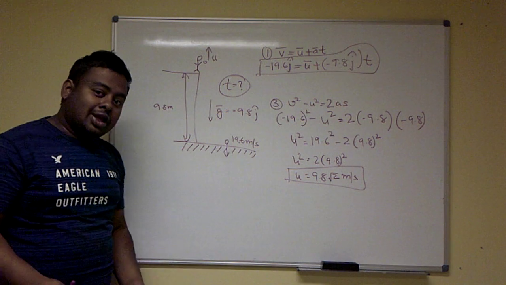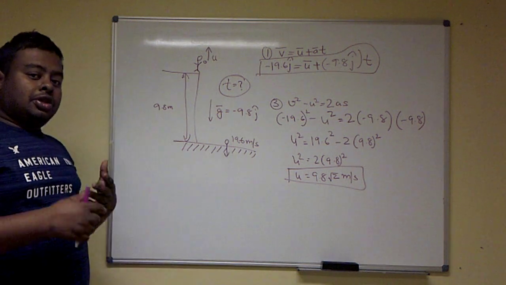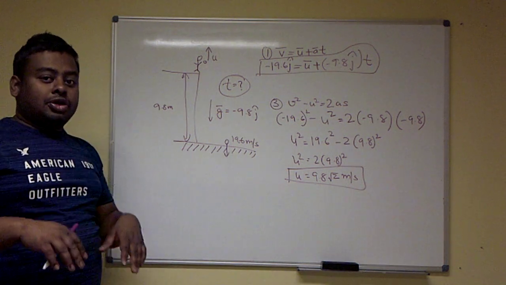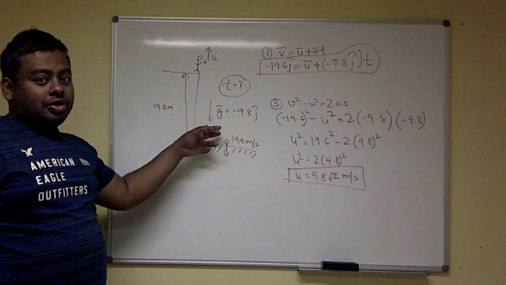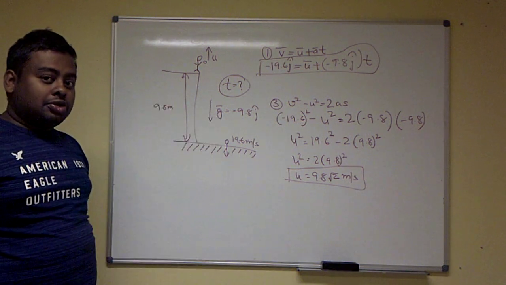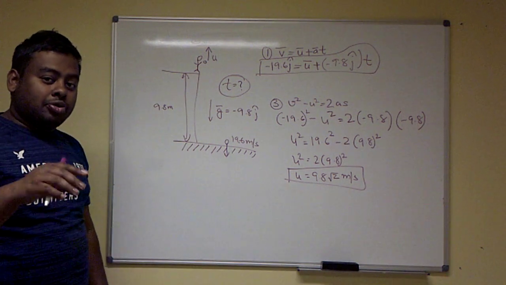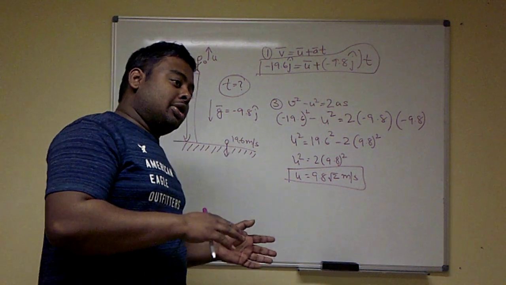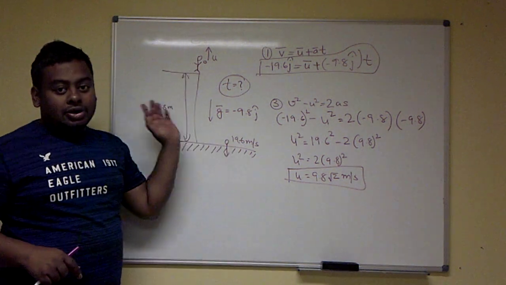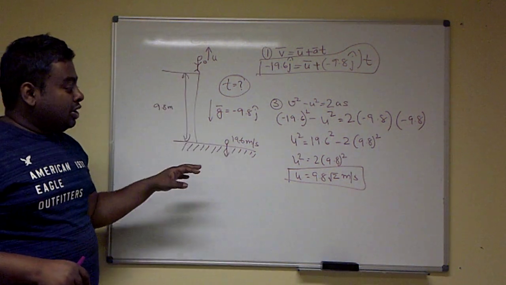Again, there is no drag associated in this equation of motion. This is assuming that the gravitational acceleration remains constant, although it changes with respect to height, and we'll learn about that in our chapter on gravitation, but I'm not going into that in this particular lecture.